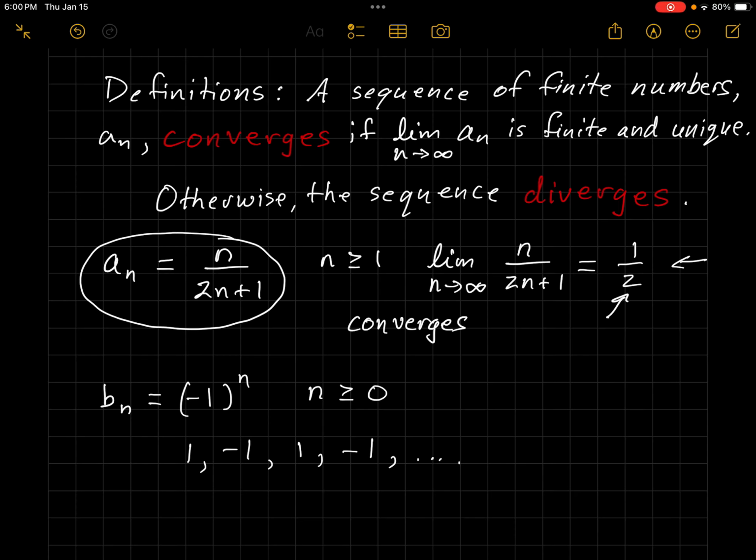So what happens way out at infinity? Well, we're going to get either 1 or negative 1. Both of these are certainly finite numbers, but it's not unique.